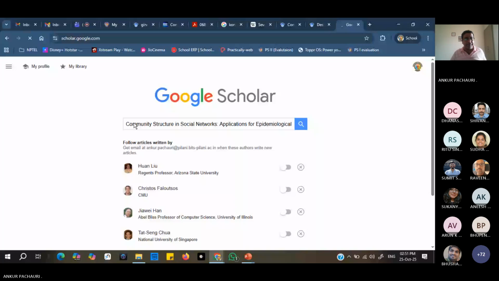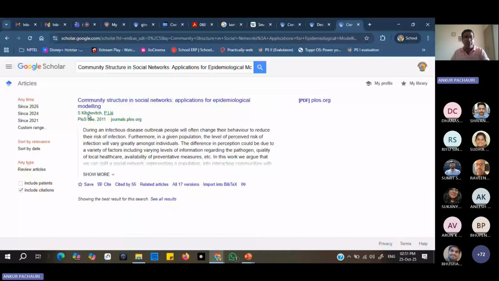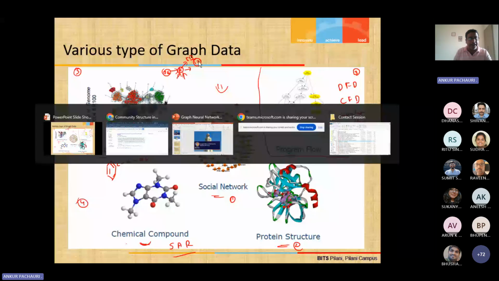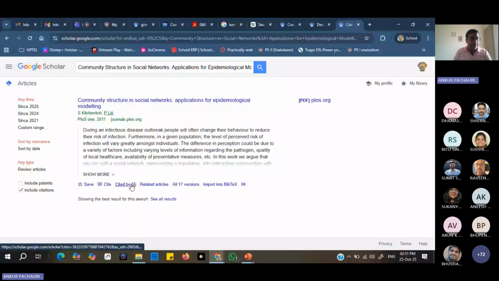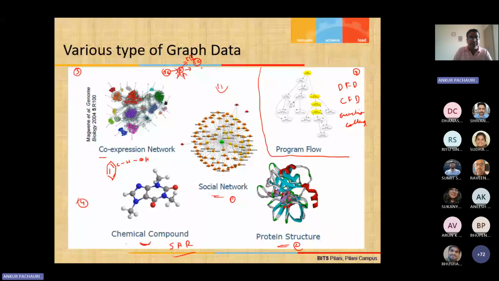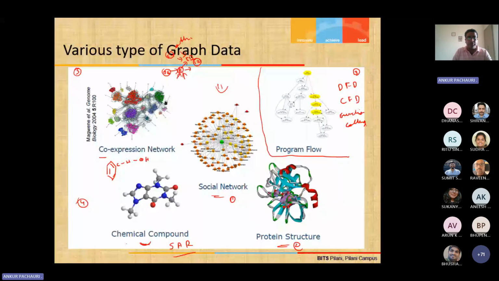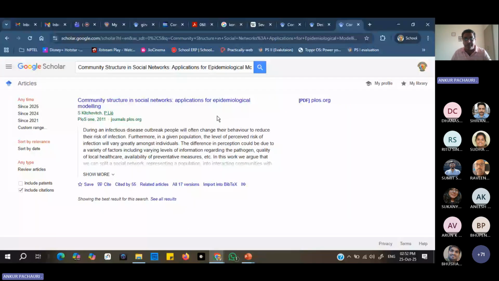Suppose he referred to paper number 1, the community structure one. That paper number 1 was itself being referred by 55, including this one, so 54 others. And he himself might be following some papers.